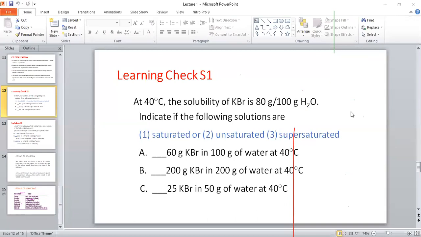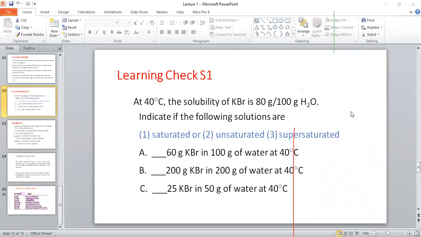So if I give you 1,000 grams of water here and maybe 300 grams of potassium bromide and ask if it is saturated or supersaturated or what, you will not look at it and say, oh, because it's 300, it's supersaturated. No. You will also look at the amount of water.